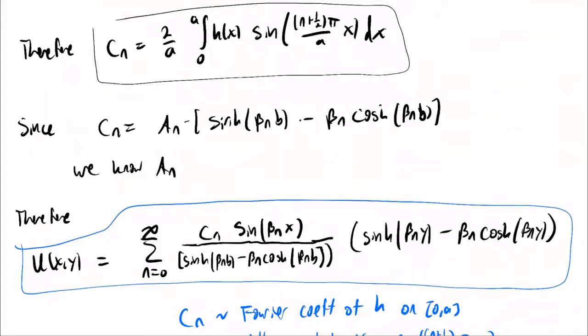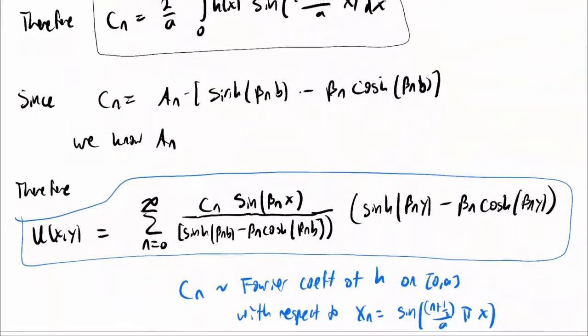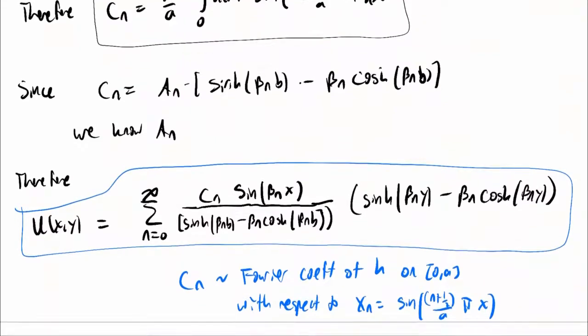I do want to point out, as I mentioned a few minutes ago, that viewing this as a generalized Fourier series is not quite a sine Fourier series because the n is shifted. It's an integer over 2, so it's a little different than the sine Fourier series we looked at before.